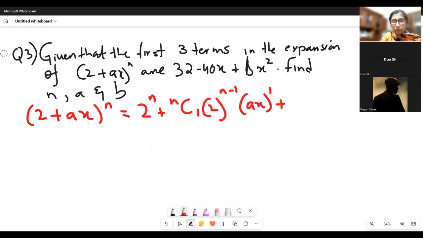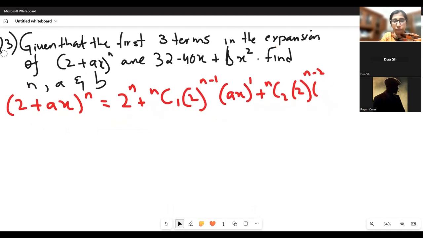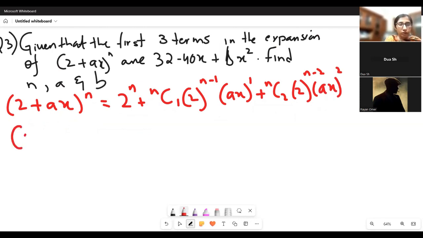And then the next term would be nC2 times 2 power n minus 2 times (ax) power 2. In fact, we don't need to write that. We have 2 power n as our first term.